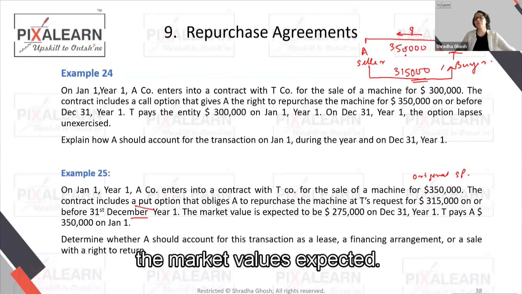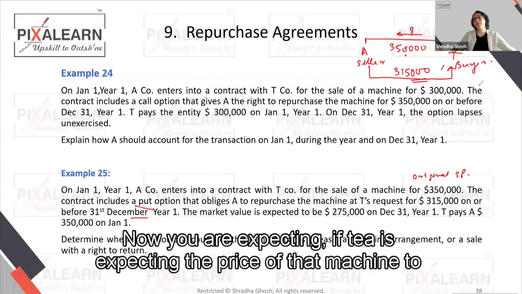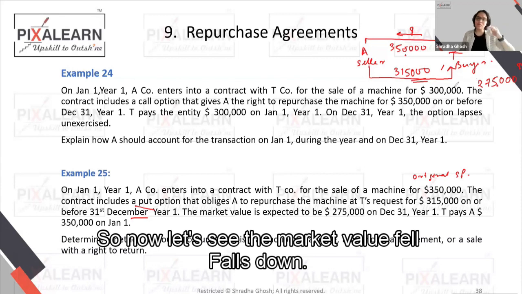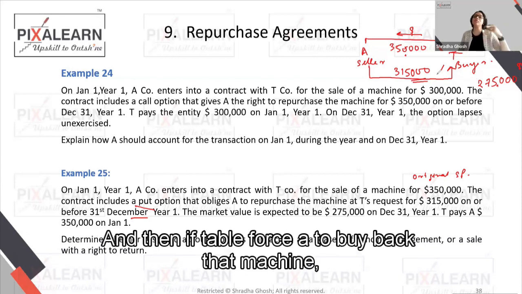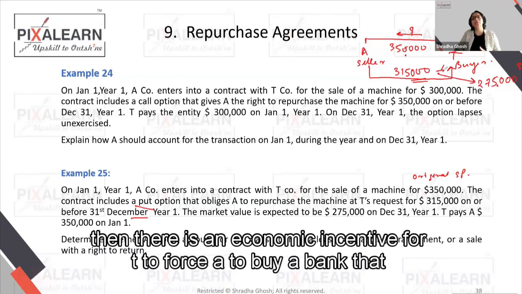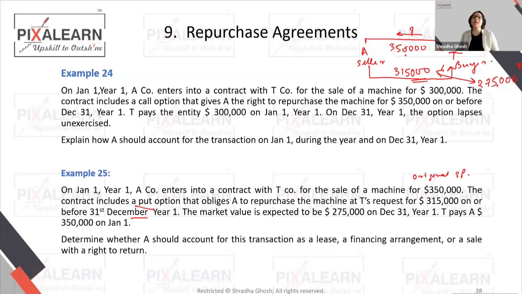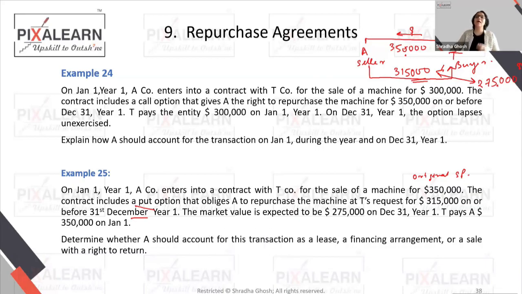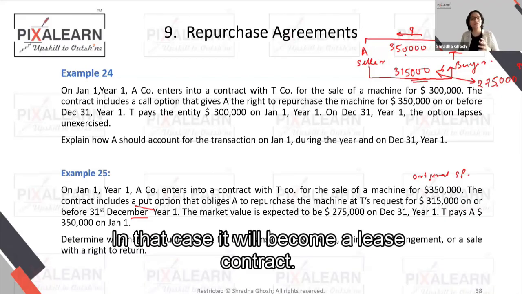The market value is expected to fall down to $275,000. Okay, T is expecting that. So now if the market value falls down, and T forces A to buy back that machine, then there is an economic incentive for T to force A to buy back that machine, isn't it? In that case, it will become a lease contract.